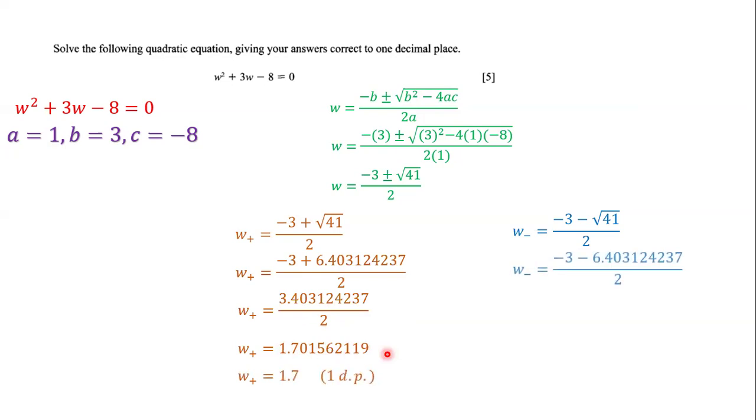Next, we have to figure out what w negative is. To do that, we take the square root of 41, which is 6.403124237. And so we have -3 minus this decimal, all over 2.